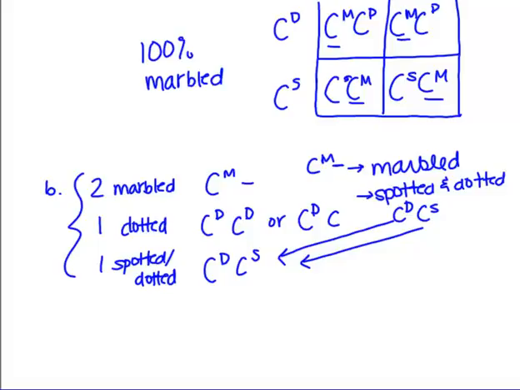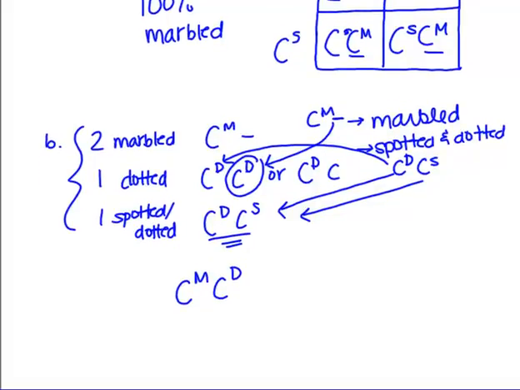However, to get dotted, this dotted came from this parent, but where did this one come from? It would have to come from this parent. So right now we're just going to assume that it's CM, CD. And if that was the case, then this spotted and dotted would also work, because the CS could come from the spotted and dotted parent, where the CD could come from the CM parent.